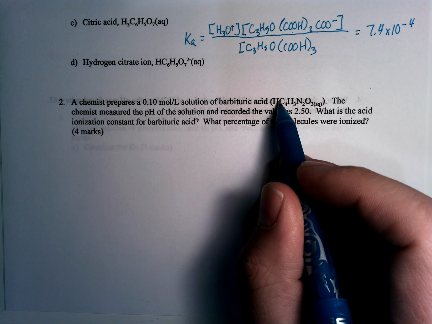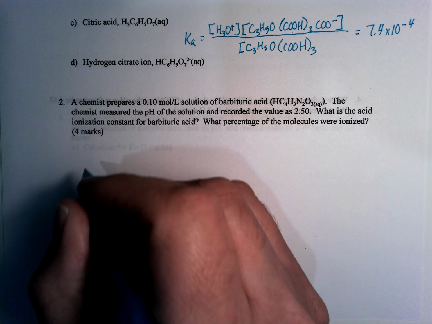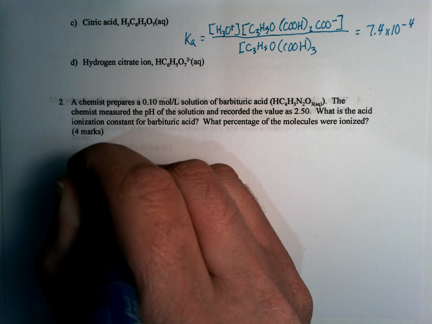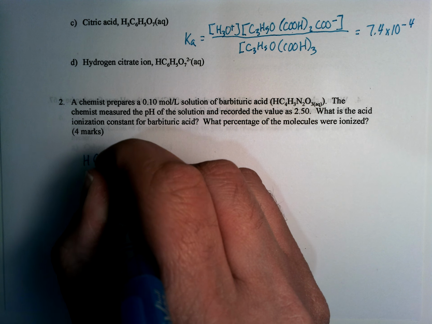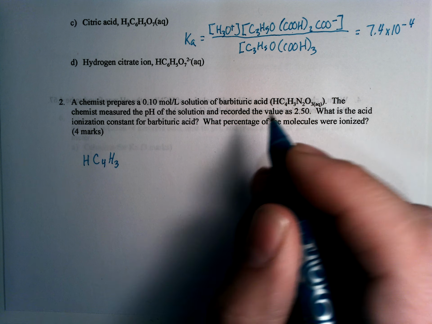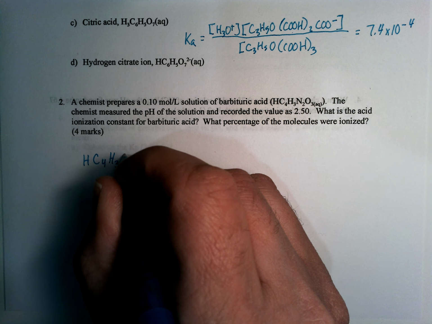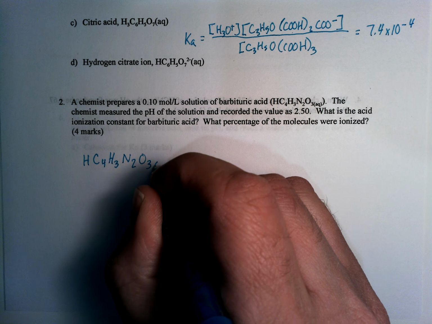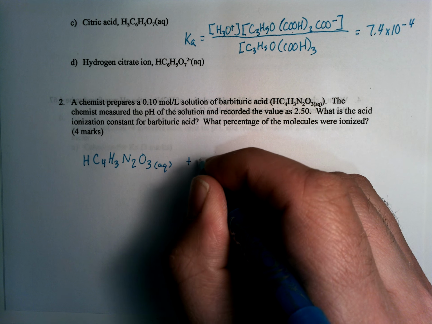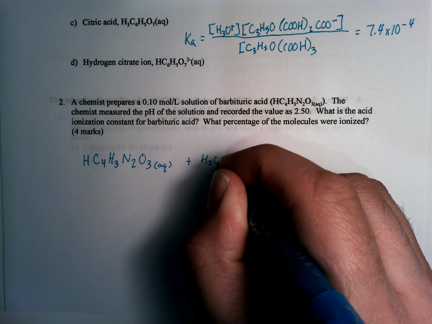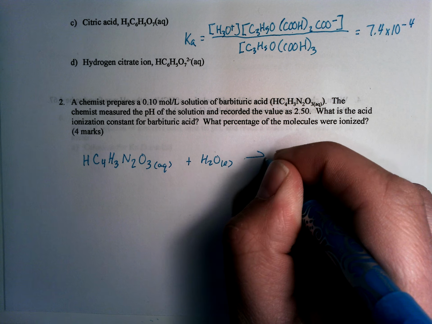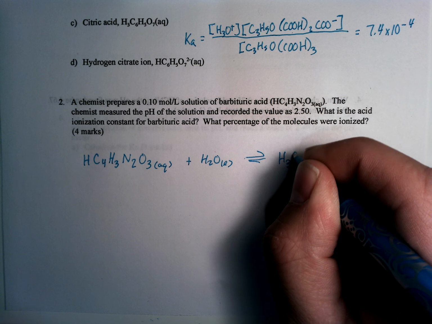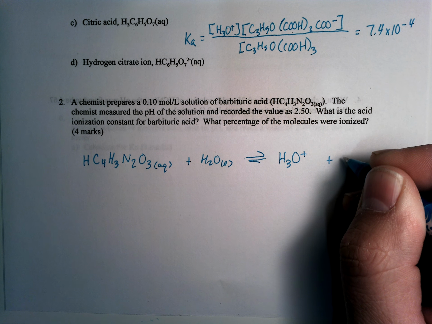Actually, we only have one H that acts as our H for the acid. So we have HC4, or never mind, sorry, we got 3 H's there. H3C4N2O3. That's our acid plus water. That's going to produce hydronium plus our base.